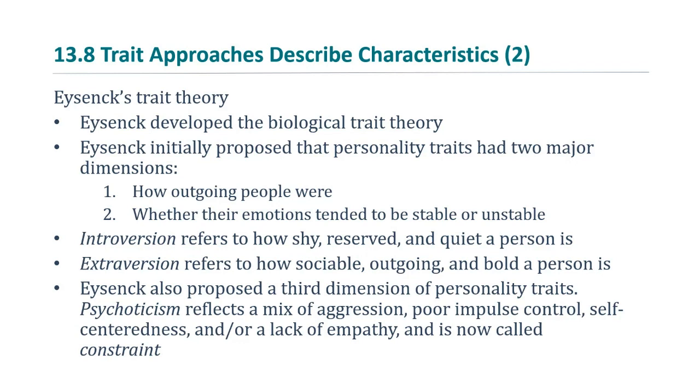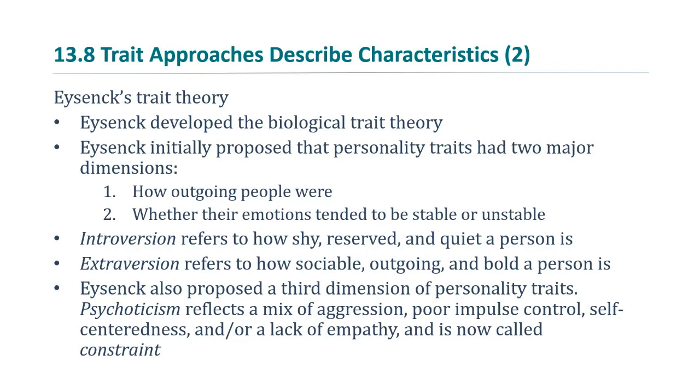Later, he also proposed a third dimension of personality traits, psychoticism, which reflects a mixture of aggression, poor impulse control, self-centeredness, and or a lack of empathy. We now refer to this as constraint.